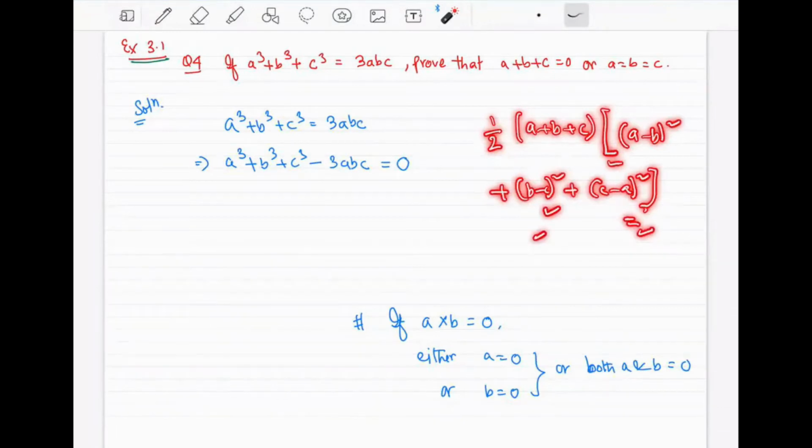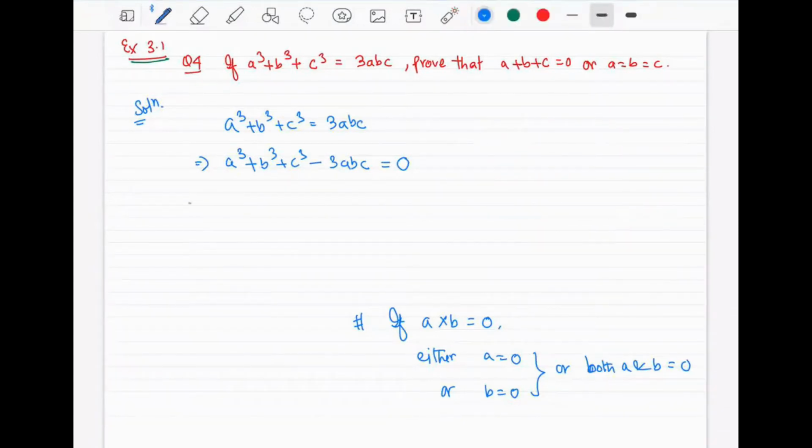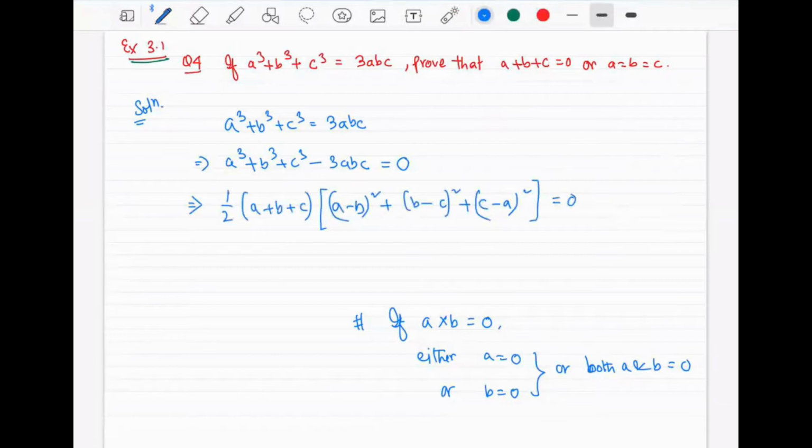Let's write this down. Instead of writing this whole expression, we will write the formula: half A plus B plus C, A minus B whole square, B minus C whole square, C minus A whole square is equal to 0.